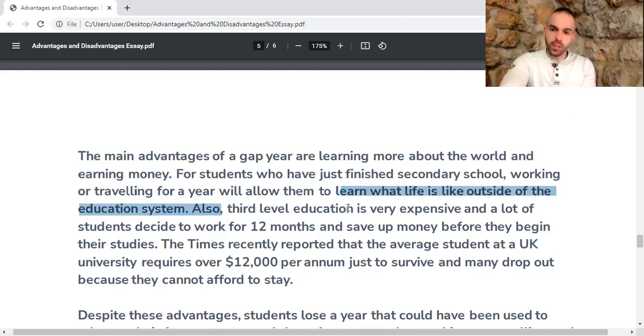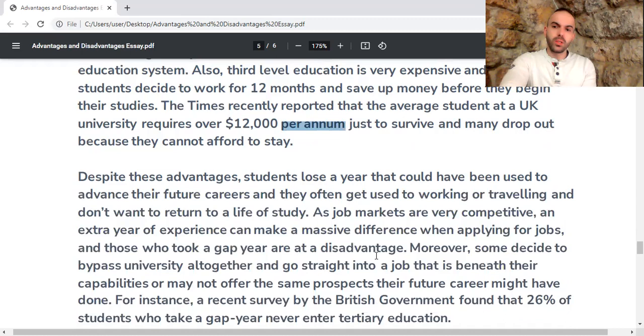"Third level education" is a very good phrase. "Save up money". "The Times" recently, when they mention the newspaper, the Times. "Per annum" is a good phrase to use as well. And also, what else do we have? "Used to advance their future careers". To advance means to evolve, to prosper.